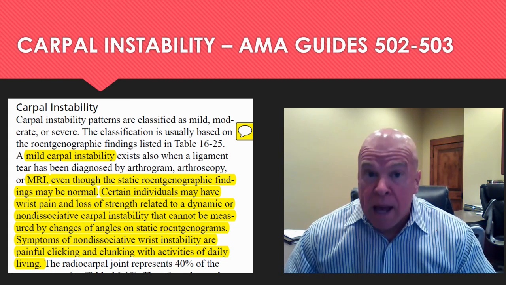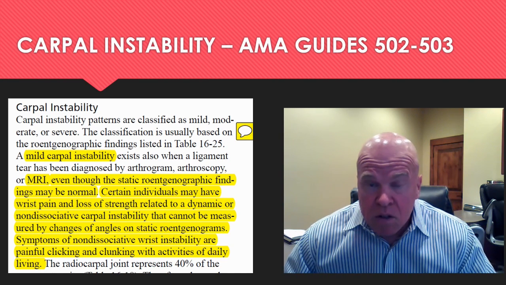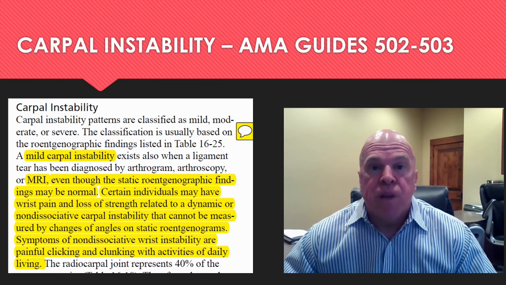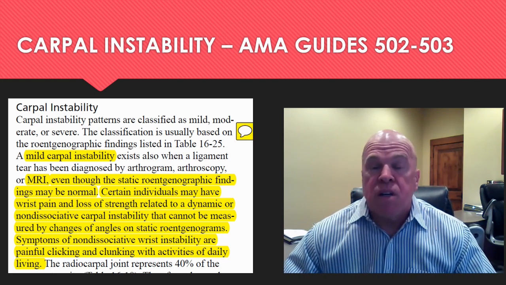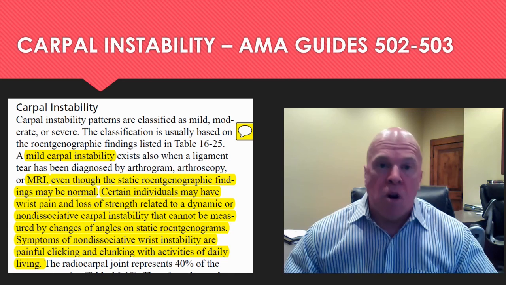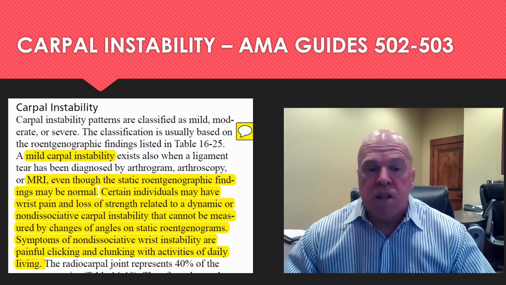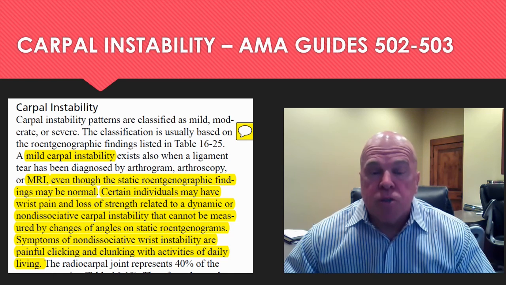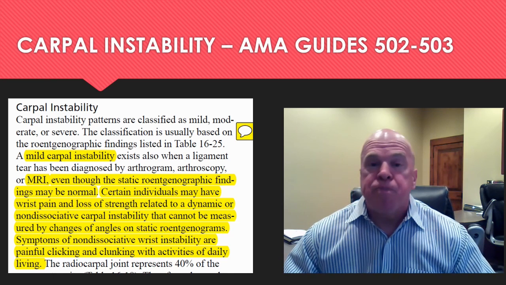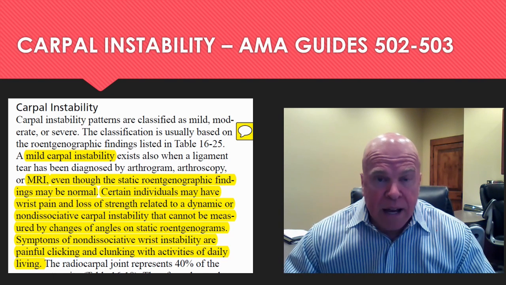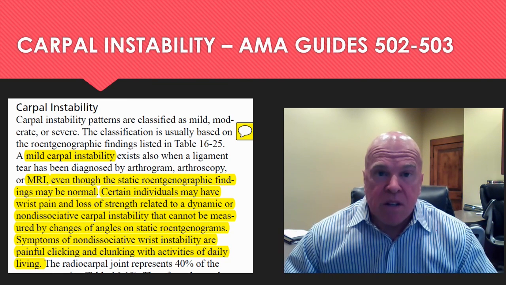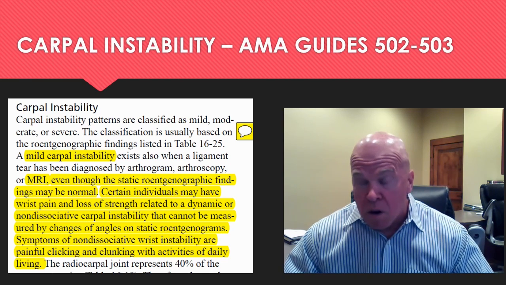So you don't have to have abnormal X-ray findings to diagnose the examinee with a mild carpal instability. If you have MRI findings, if you have arthroscopy findings of a ligament tear, then the examinee qualifies also for a mild instability according to this section of the AMA Guides.